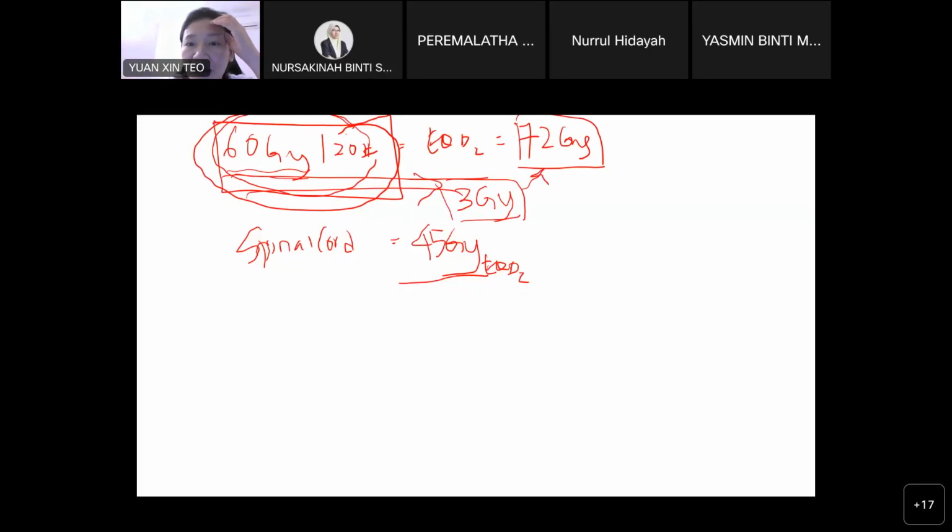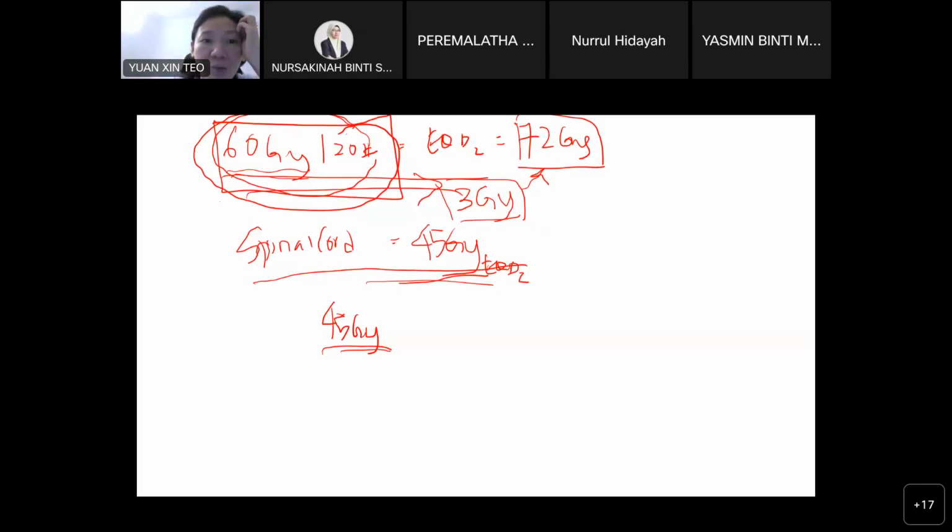So in radiobiology, we always consider the dose calculated in 2 gray. For the spinal cord, the maximum is 45 gray, which means in this plan, this prescription of 60 gray in 20 fractions, my spinal cord has to receive less than 45 gray.